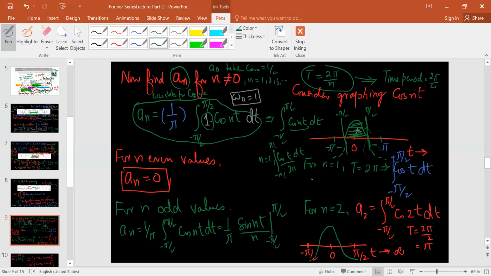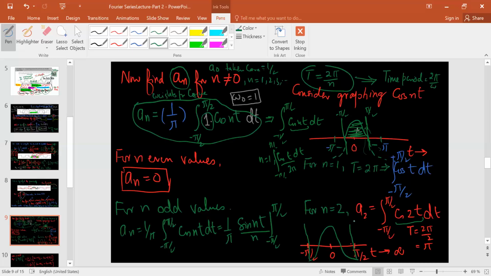Okay. Now, if I look at n equal to 2, my integration becomes cosine 2t dt. The intervals are the same. Cosine 2t has a shrunken period, so now between minus pi by 2 and plus pi by 2, the whole period comes in.